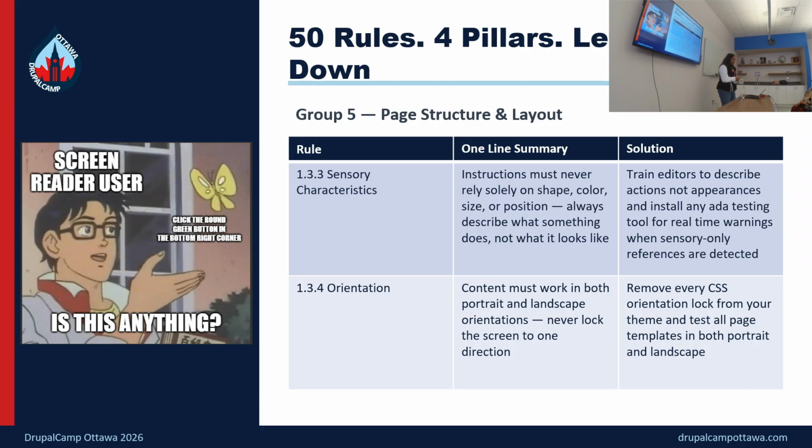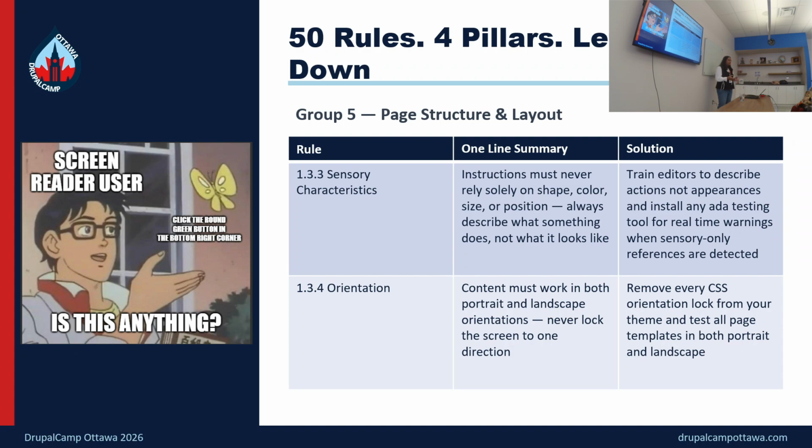Next one is 1.3.4, orientation. Content must work in both portrait and landscape. It must never be locked to one direction. For example, if someone has a motor disability and needs to mount their mobile phone or tablet on their wheelchair in a specific position, they might face an issue.